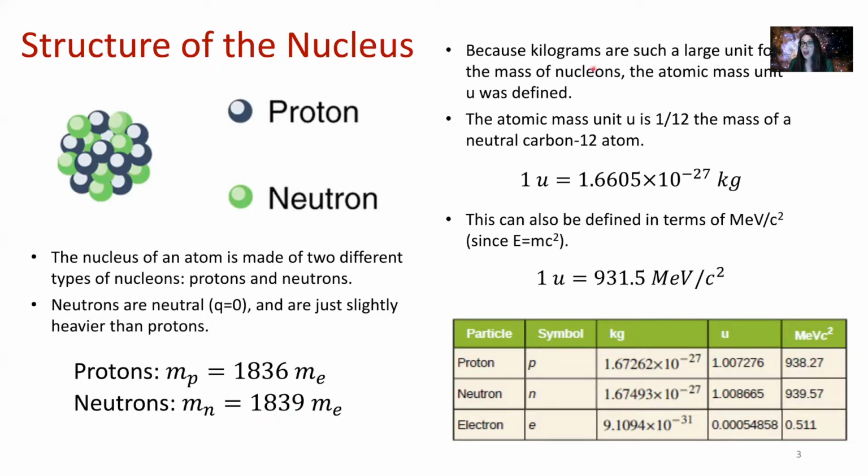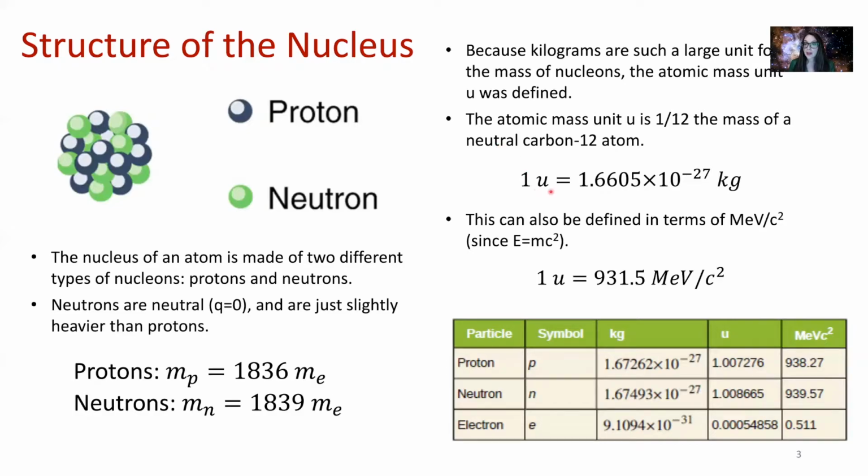Now, kilograms are really large units for these tiny things, the mass of these nucleons. So we use the atomic mass unit, represented as little u, to represent these small masses. The atomic mass unit u is defined as 1/12 the mass of a neutral carbon-12 atom.